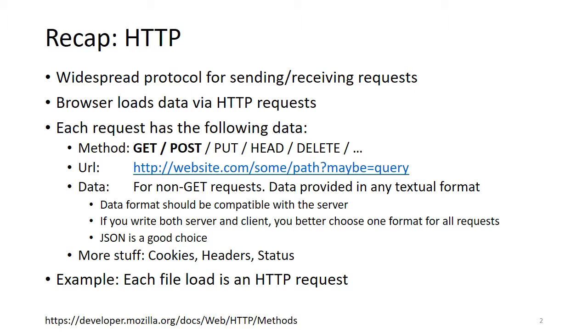This stuff includes the keyword for the method used for this particular request, the URL which the request goes to, and the additional data that is included with the request. For example, as you can see here, we may push additional data via query parameters, like this.